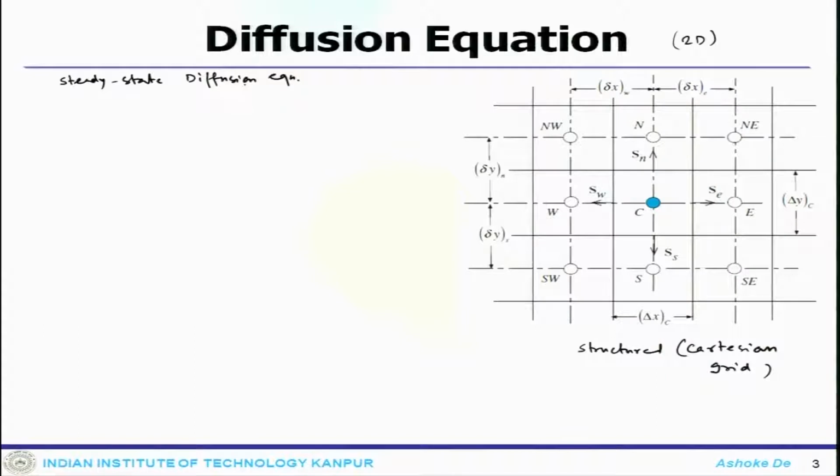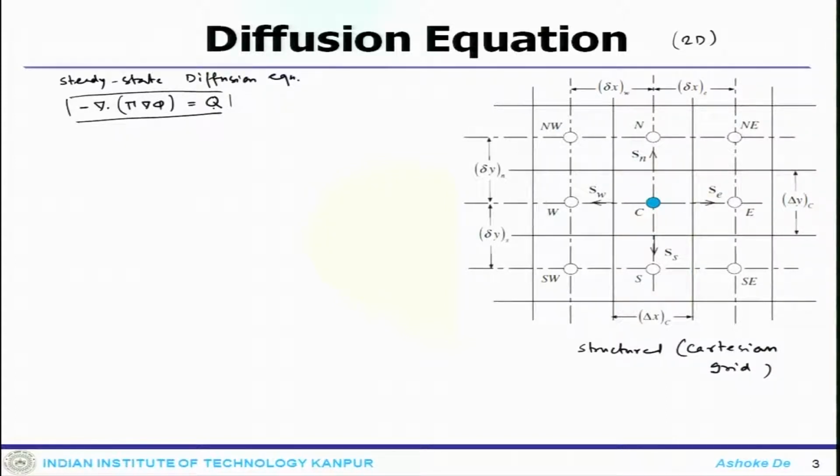That means our governing equation will be minus del dot gamma del phi equals q. Okay. So, that is our equation which will govern the system. So, we have made it simpler. So, drop the unsteady term and we will look at the steady diffusion system with source term. So, q could be a source and sink.